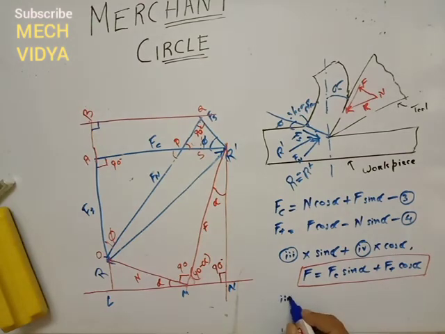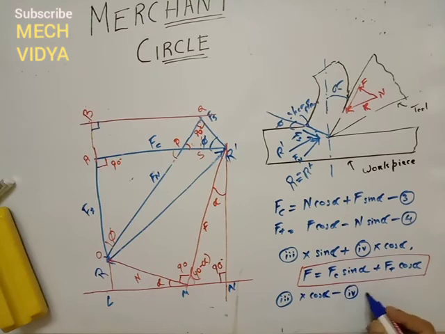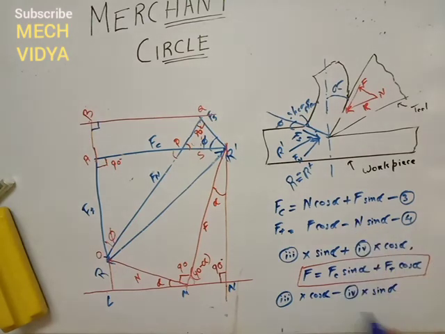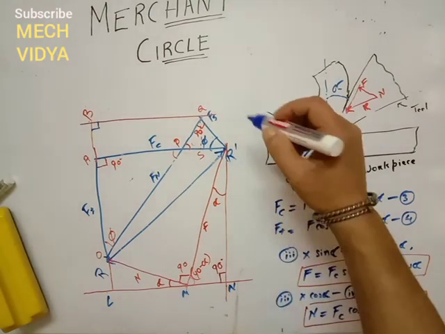So equation 3 into cos alpha, then minus equation 4 into sine alpha, because in the fourth equation sine alpha is lying with N. If we do this, we will get the value of N as Fc cos alpha minus Ft sine alpha. So this is our final equation of N.